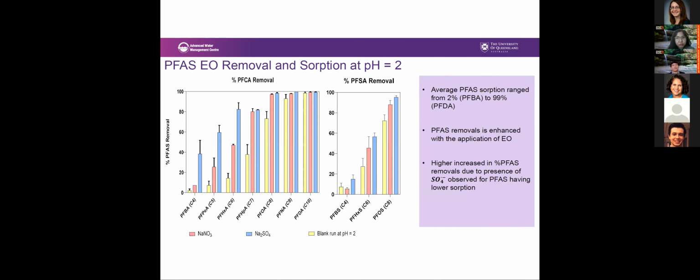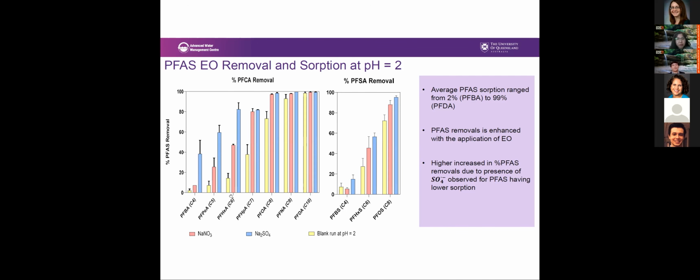Okay, so this is again the summary of the PFAS removals, but this time with the adsorption results, or the PFAS losses due to adsorption, which are now represented by the yellow bars. So overall, you can see that even though there is PFAS sorption in the system, the PFAS removals with the EO treatment are still higher compared to the PFAS losses due to sorption.